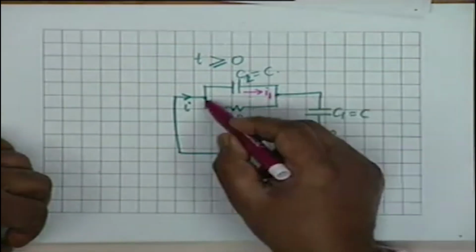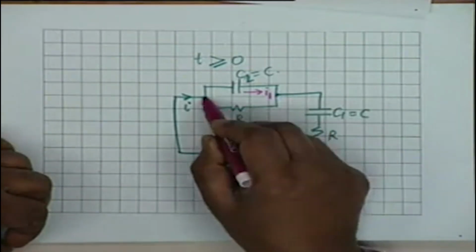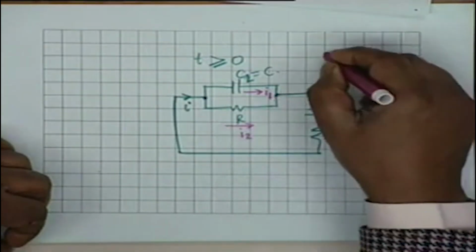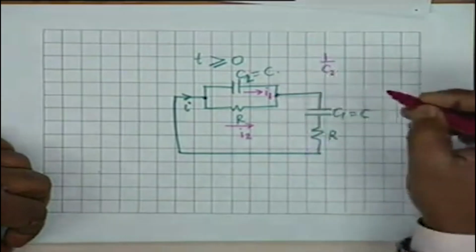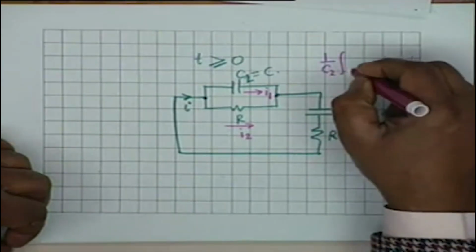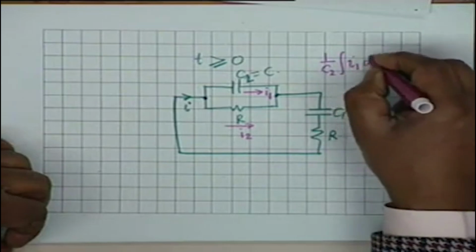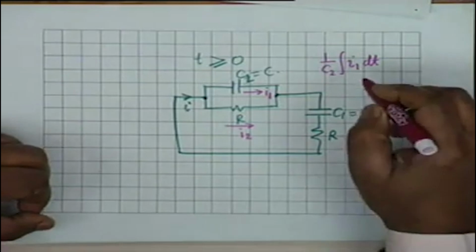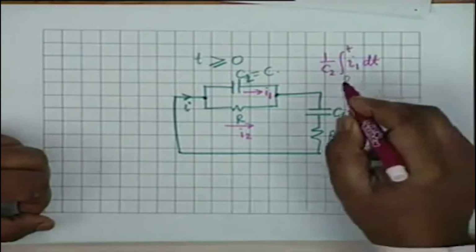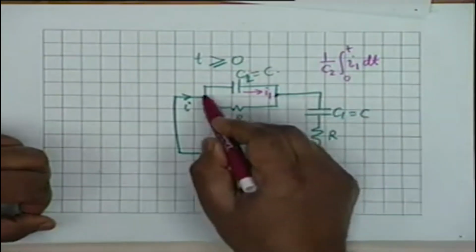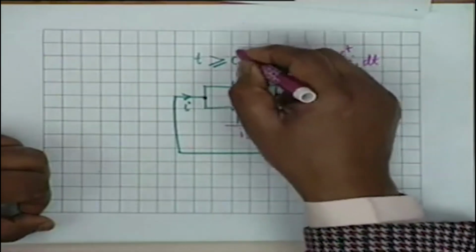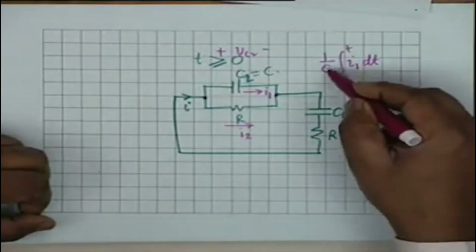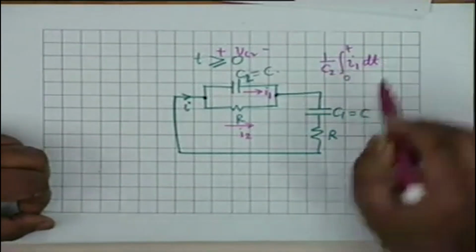So the voltage drop from this point to this point would be simply 1 over C2 integral I1 dt. Is that clear? From 0 to t. At any instant of time t, the voltage VC2 is simply given by 1 by C2 integral 0 to t I1 dt.